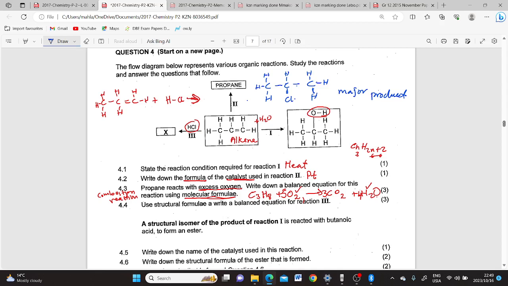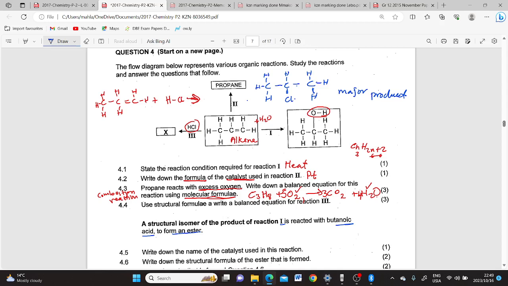A structural isomer of the product of reaction 1 is reacted with butanoic acid to form an ester. What I'm saying, a structural isomer of the product of reaction 1. Here it is. And then there's a structural isomer, not functional, structural isomer. What can we do to the structure?